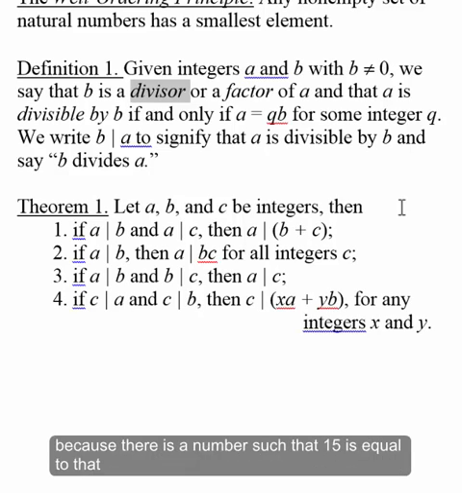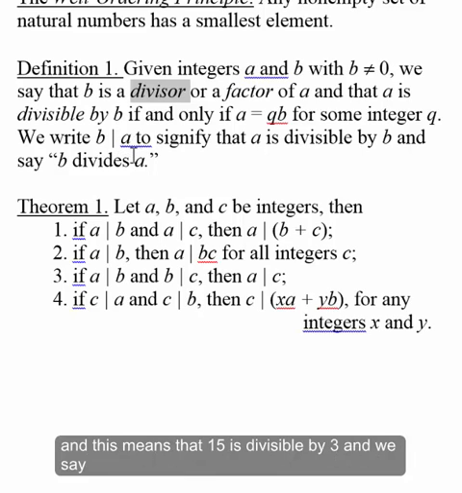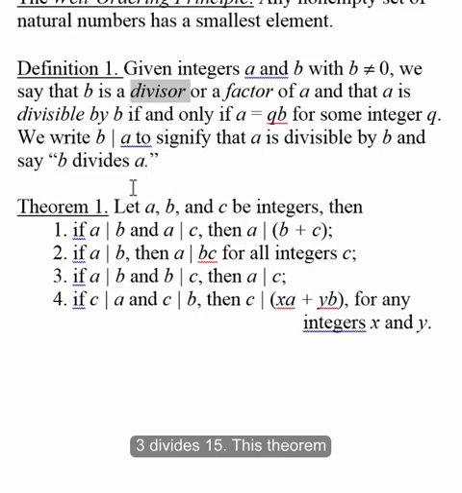Because there is a number such that 15 is equal to that number times 3. So the notation that we use here is b divides a. In other words, 3 divides 15. And this means that 15 is divisible by 3, and we say 3 divides 15.